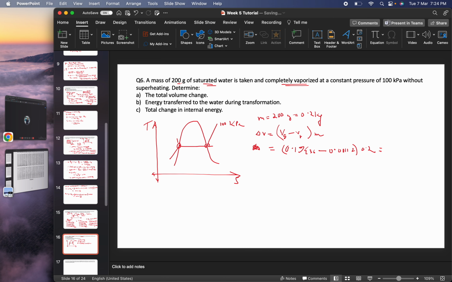So this is 0.19436 minus 0.00112 into 0.2. Okay, so that is your 0.038 meter cube.